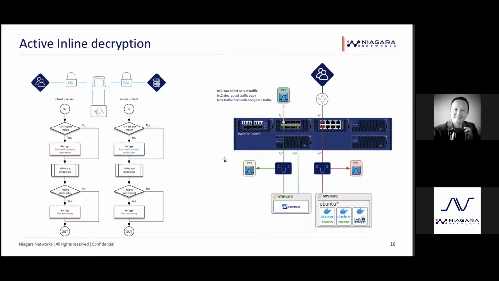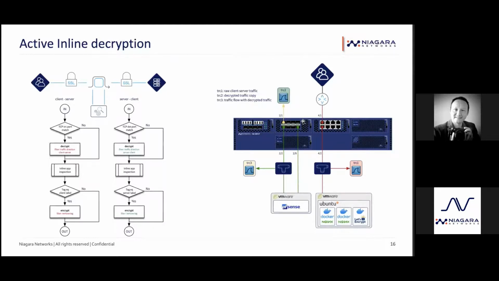On both sides, I again use Wireshark to show the traffic. So the encrypted traffic, the decrypted traffic flowing through the firewall, and just a copy of the decrypted traffic. That's a nice feature of the Packetron as well.